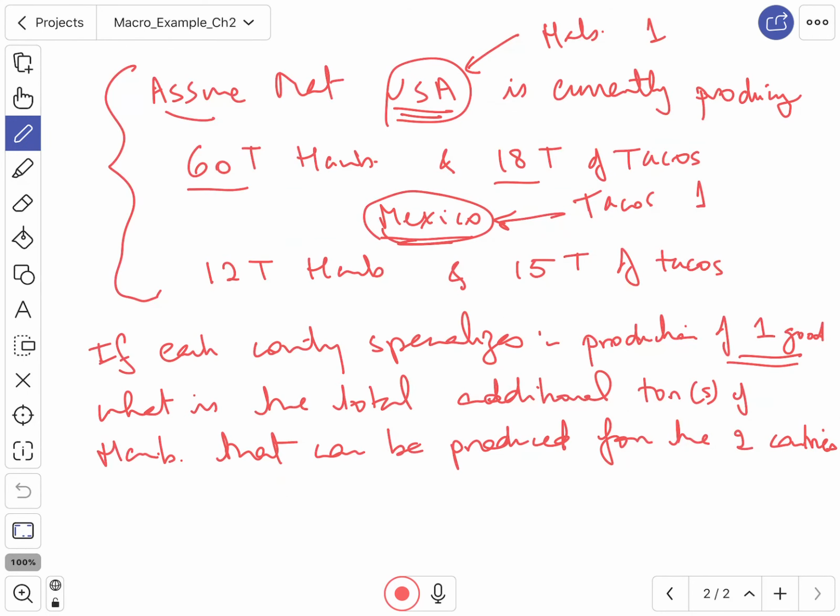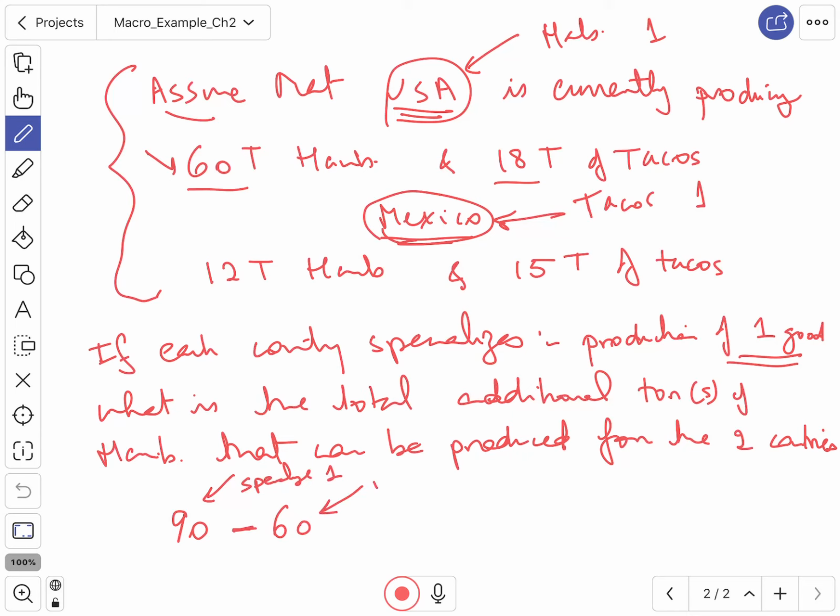So the total production would be 90 hamburgers, okay? And this is the production of hamburgers at 0 tacos, minus how much the USA is currently producing, which is this number, minus 60, right? Which is the production with no specialization. This is the production if the country specializes in one good.